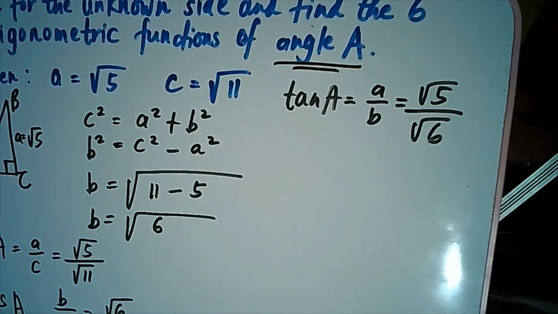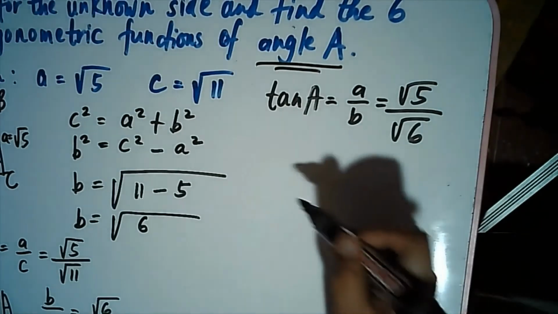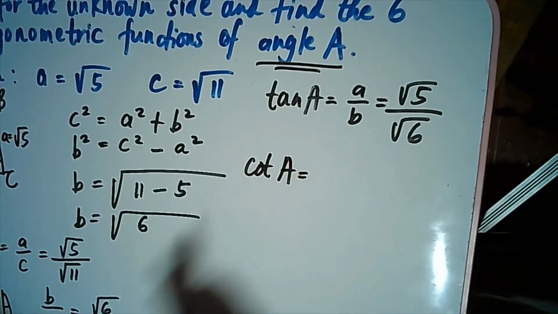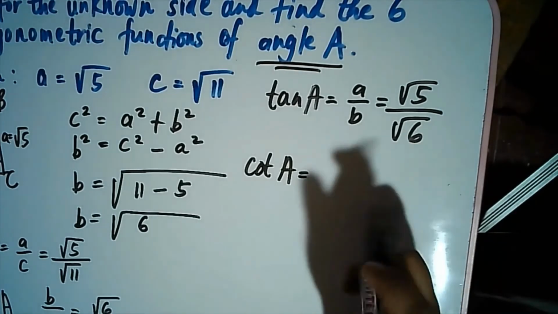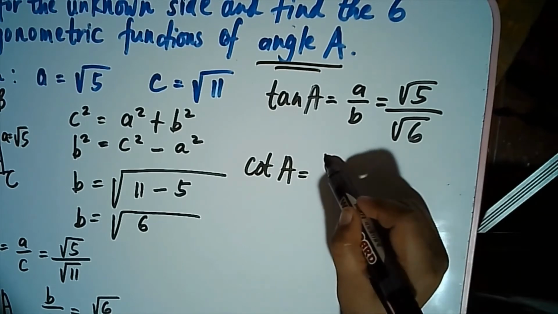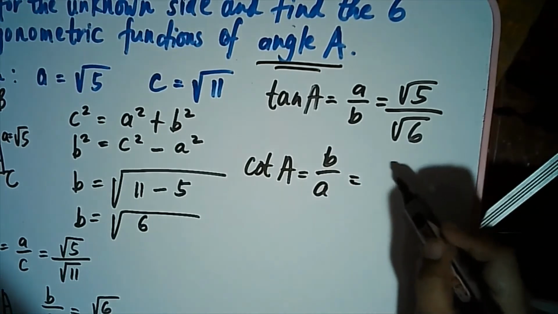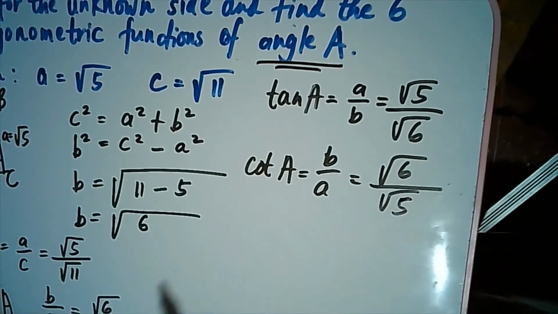So again, let's retain the radical in the denominator. And then next, cotangent A. Cotangent A is the reciprocal of tangent A. So B over A is equal to the square root of 6 over the square root of 5.